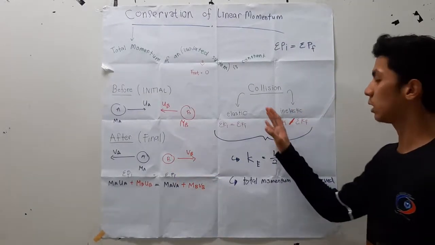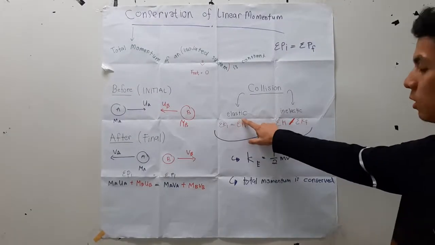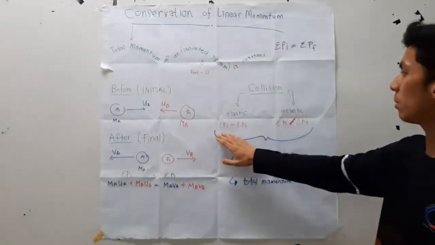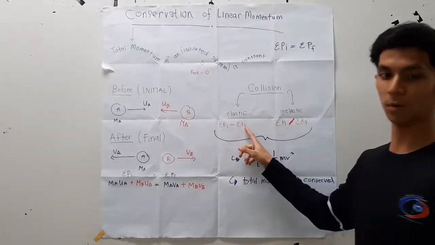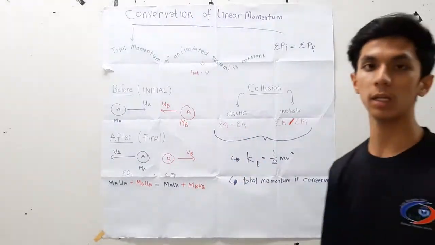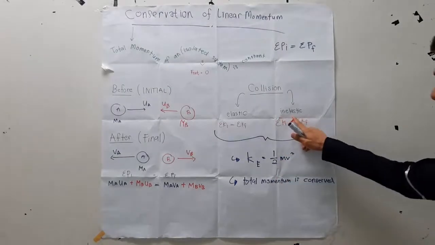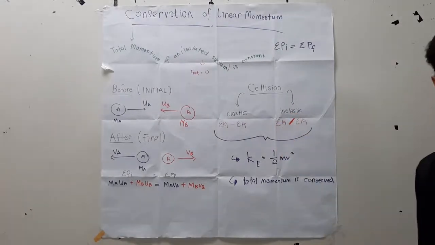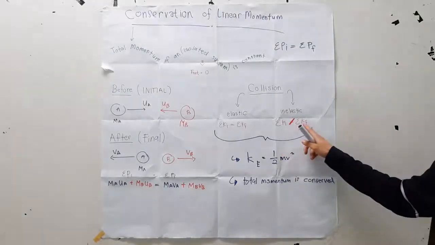There are two types of collision. Firstly, elastic collision. In an elastic collision, the sum of initial kinetic energy is equal to the sum of final kinetic energy, which means there is no loss of kinetic energy in the collision. For an inelastic collision, the sum of initial kinetic energy is not the same as the sum of final kinetic energy.